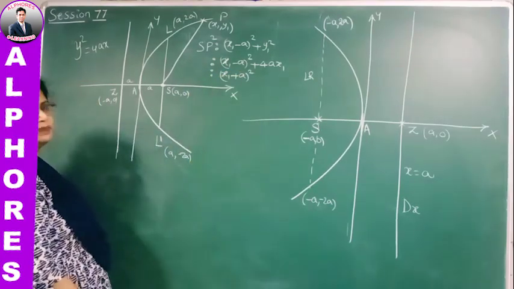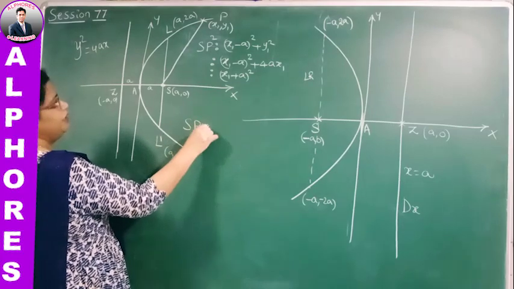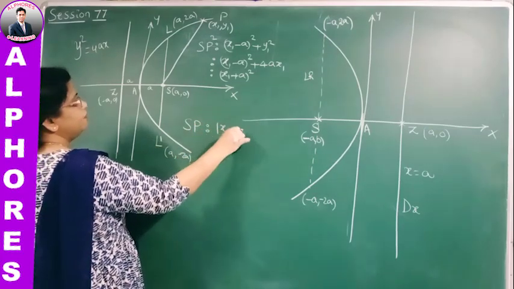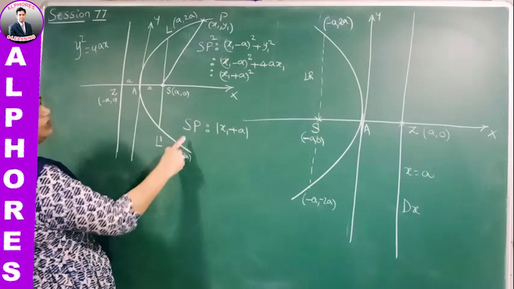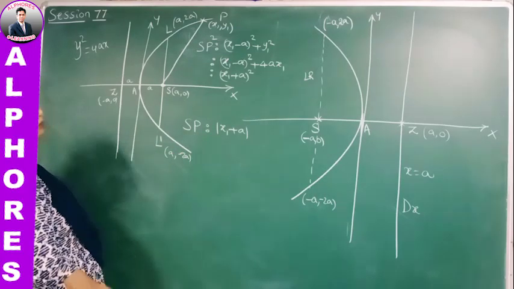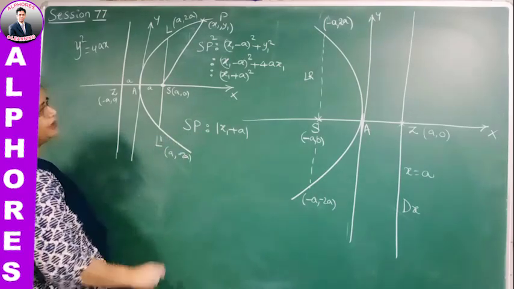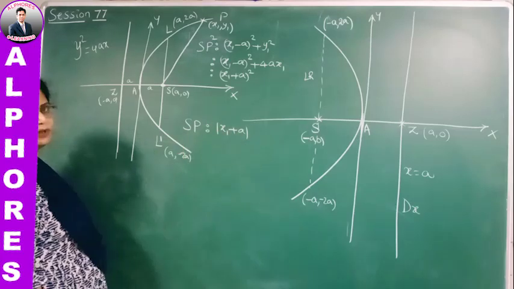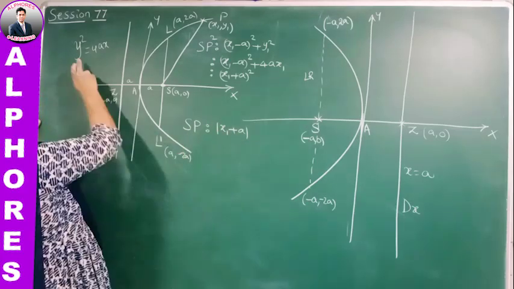Hence the SP value is mod of x1 plus a. This is the formula for SP, because it is a distance, and thereby we can say mod of x1 plus a is the focal distance for this standard form.